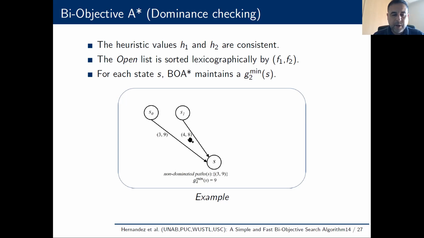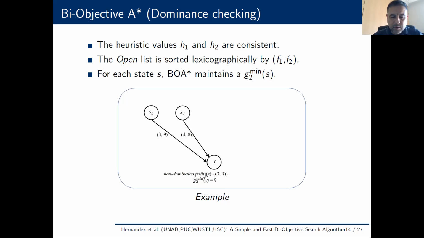And the only way that we obtain a non-dominated path is when the G2 value of the new path, in this case 8, is less than the G2 value of the last path found.